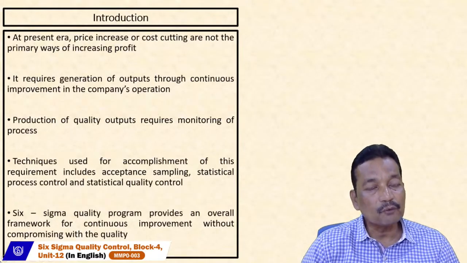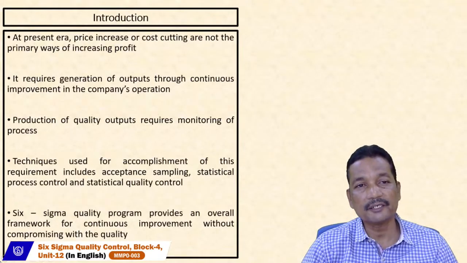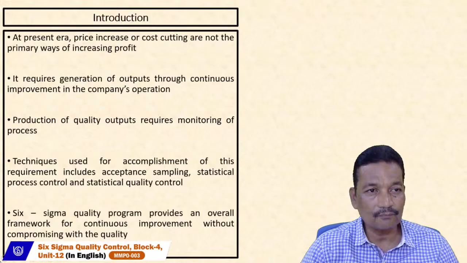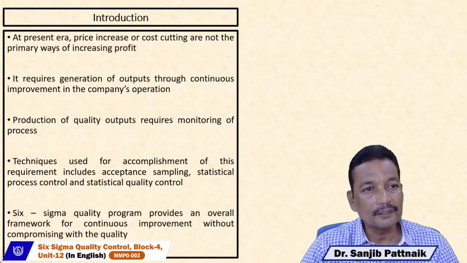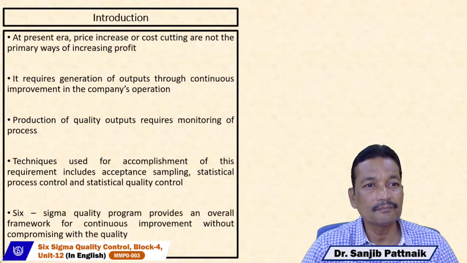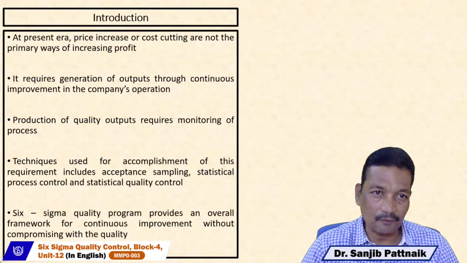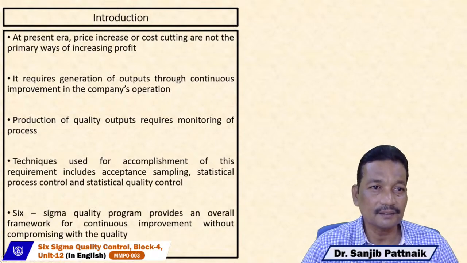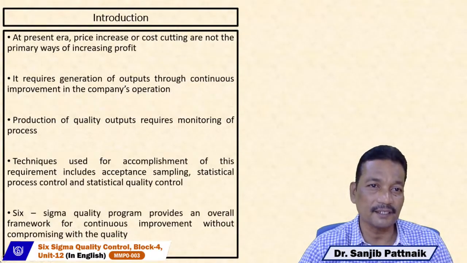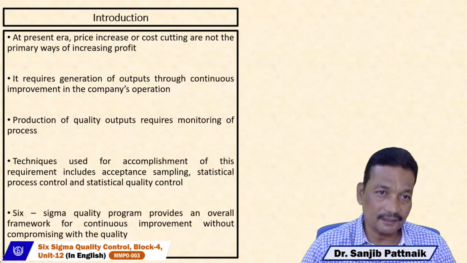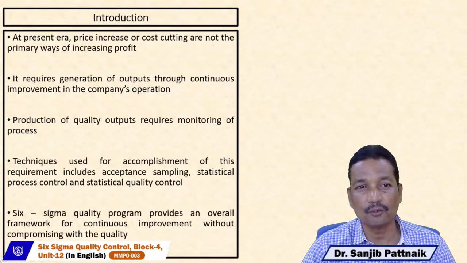So, if I am going to introduce this Six Sigma quality control to all of you, we can say that in the present times, organizations do not believe that price increase or cost cutting are the primary ways of increasing profit. We have many ways in which we can increase the profit, but the two most widely used are either you increase the price or you reduce the cost.